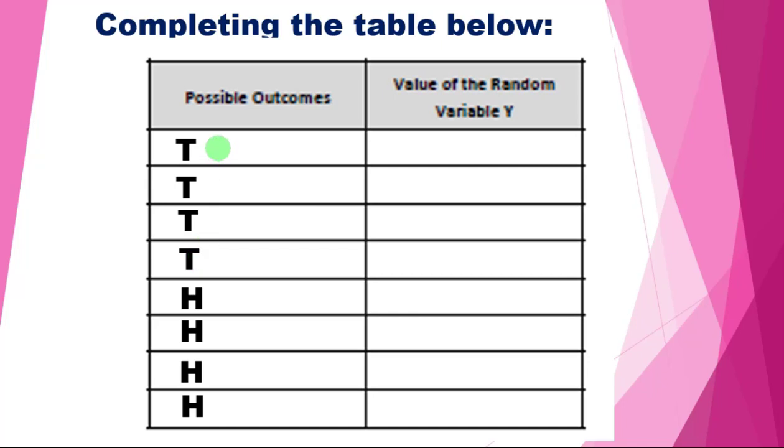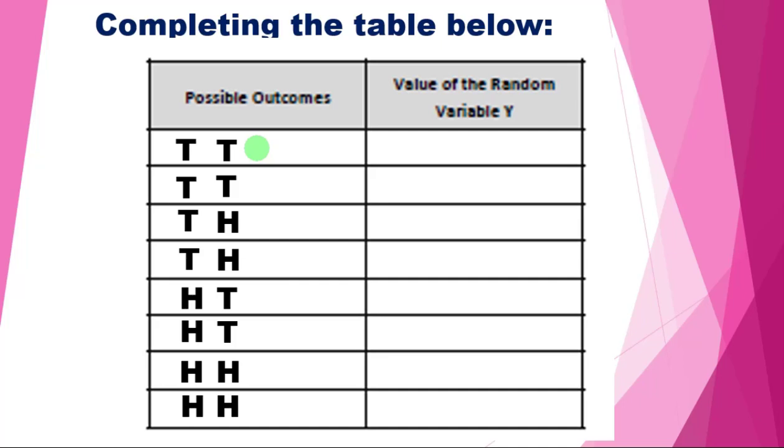Then, on the second toss, there are 4 possibilities for the tail. Divide the tail: 4 divided by 2, that's 2. So you have to count 2 T's here, and then 2 H's. Then another 2 T's there, and then another 2 H's.